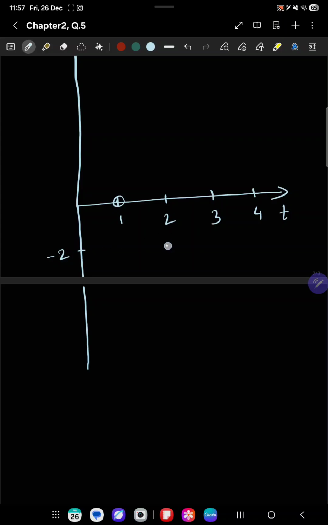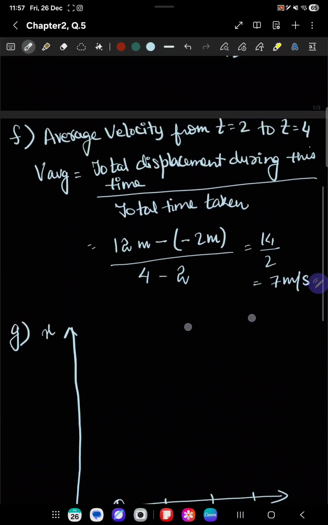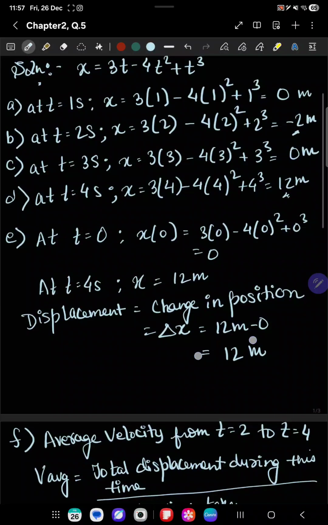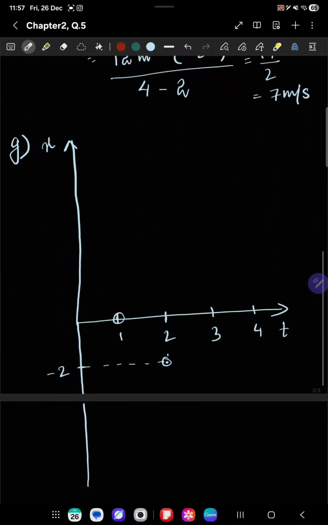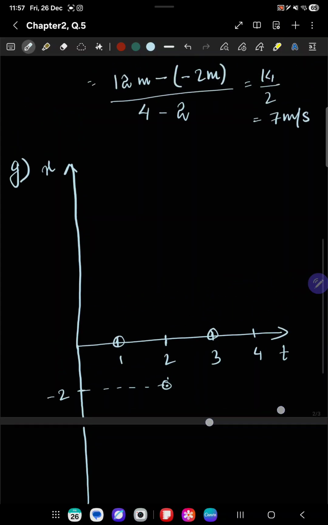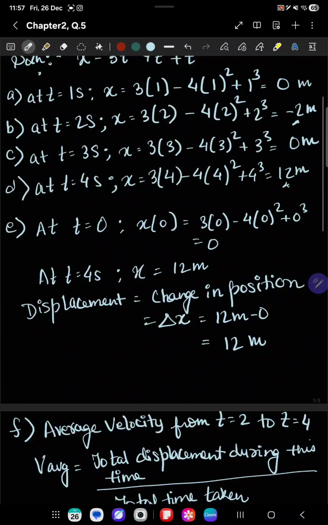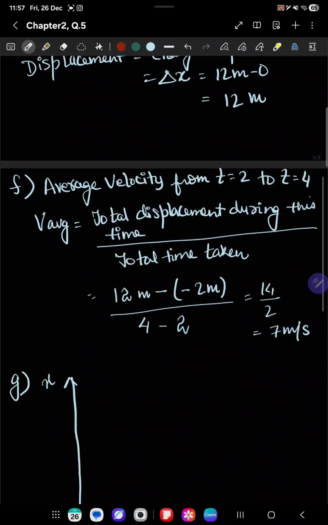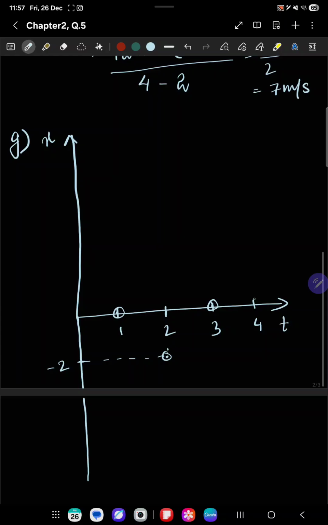So at t equal to 2 second this will be our point, right? Now at t equal to 3 second it is 0 again. So at t equal to 3 it is 0. Now at t equal to 4 second it is +12. So at 4 it will be +12, something like this.